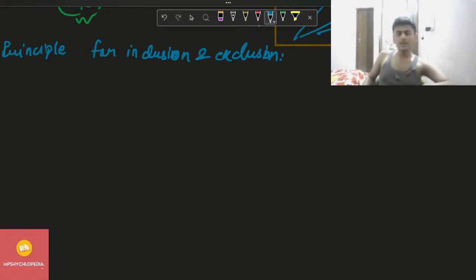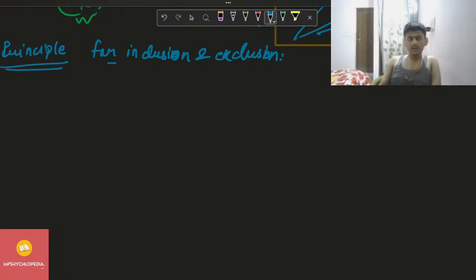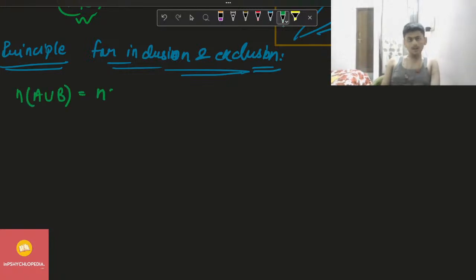So the principle of inclusion and exclusion is very useful for difficult problems, and it will also be very useful in the chapter on permutation and combination. The number of elements in A union B is equal to the number of elements in A plus the number of elements in B, because the number of elements is just a number, so we can add and subtract it.